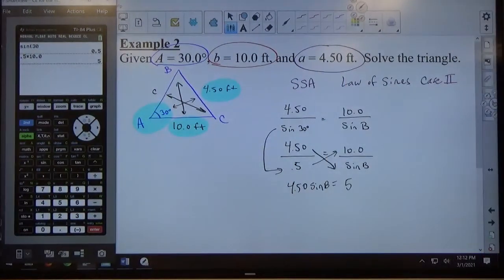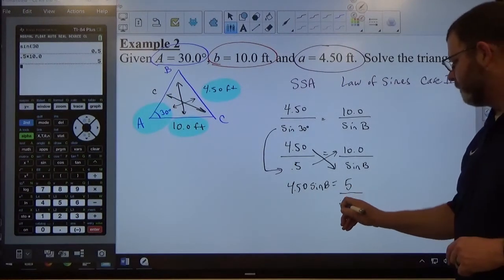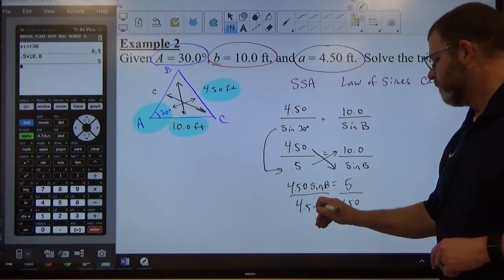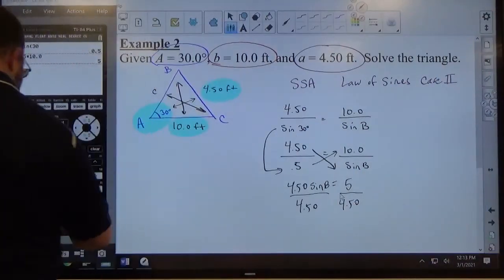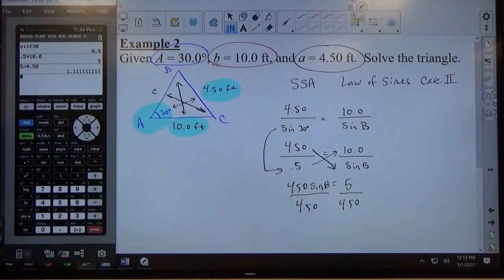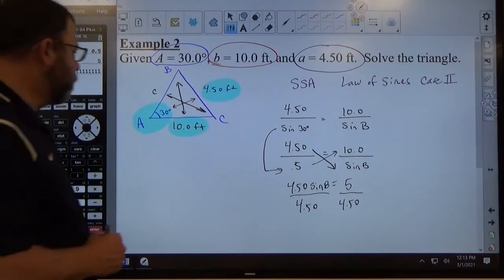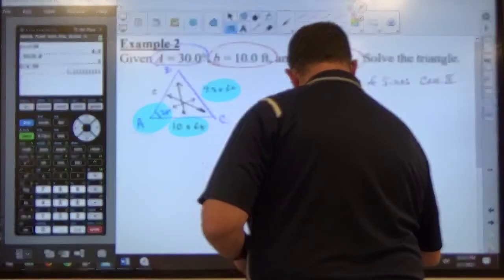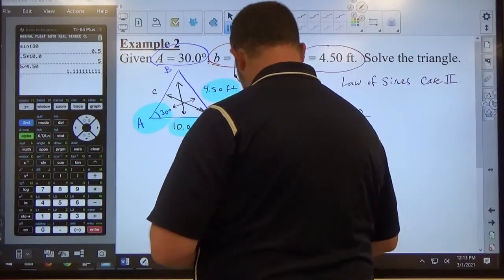So now I'm going to divide both sides by 4.50. So I'm going to do 5 divided by 4.50. That comes out to 1.111111. So if I'm going 4 decimal places, sine of B equals 1.1111.